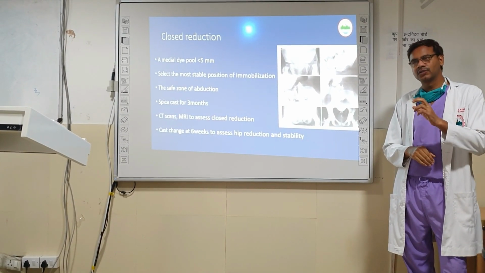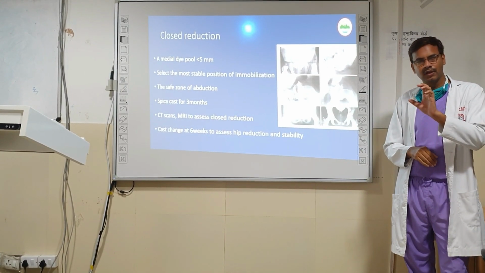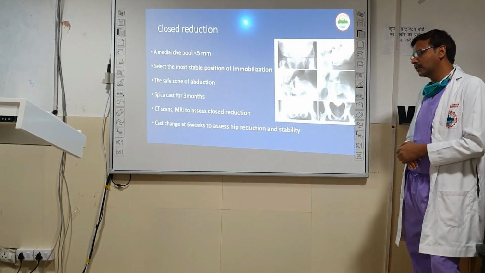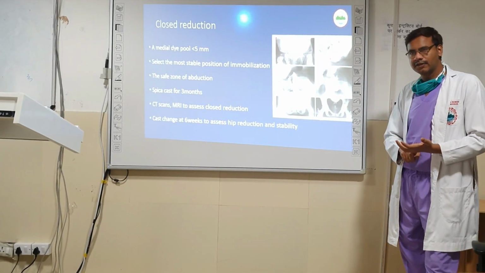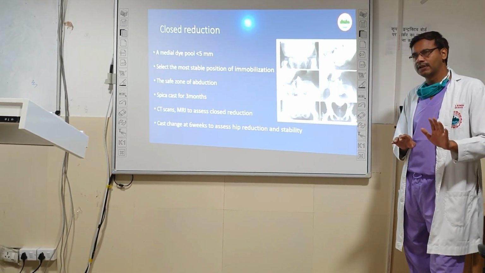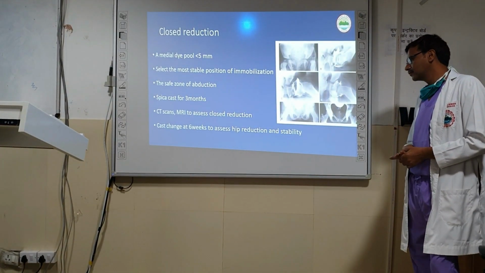That's why abduction should not be overzealous, it should be only whatever is required. Then in that position you should apply spica for 3 months. At 6 weeks you should remove the spica, go for an X-ray, and then again apply spica. Next.